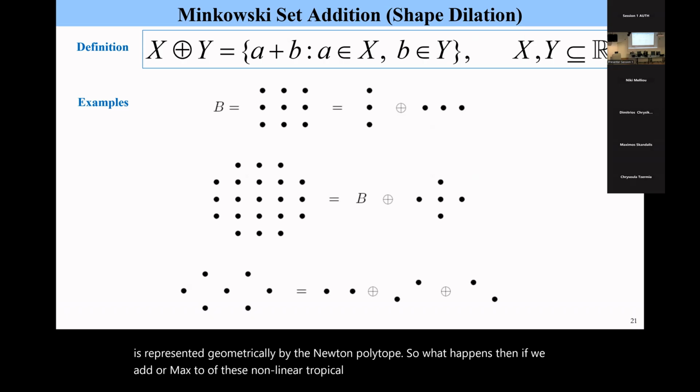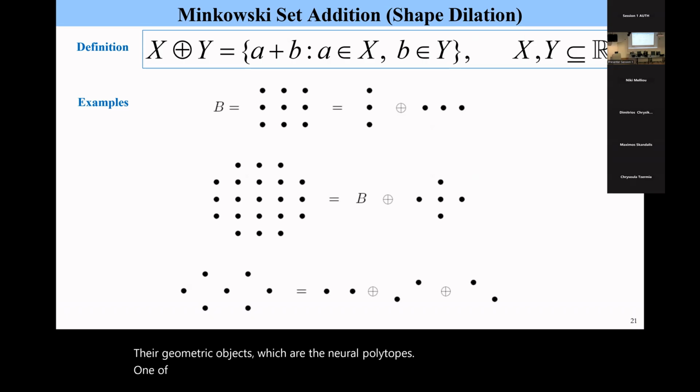What happens to their geometric objects, which are the Newton polytopes? One of the operations that happens is the so-called Minkowski addition. Minkowski addition is known in computer vision as dilation of shapes.